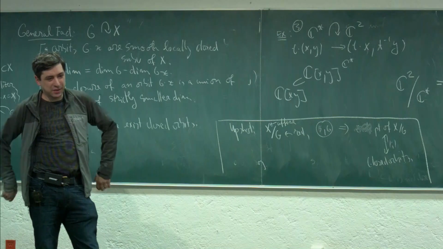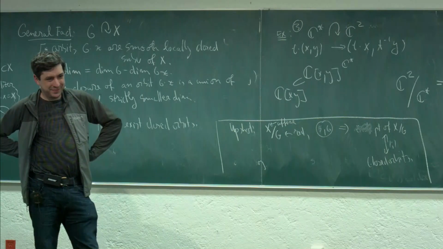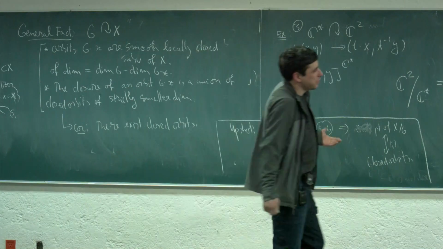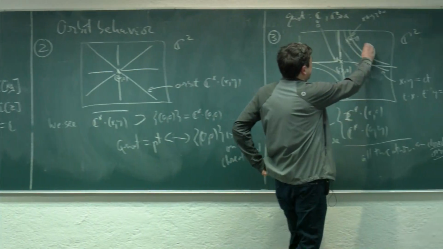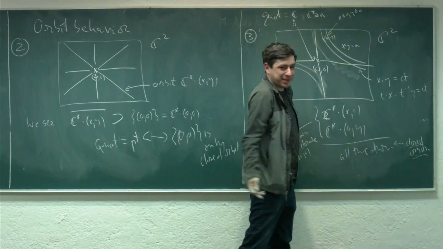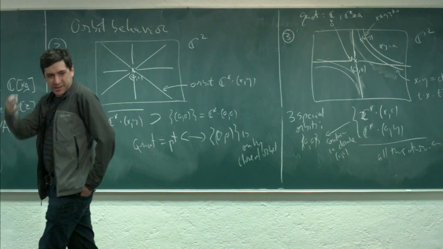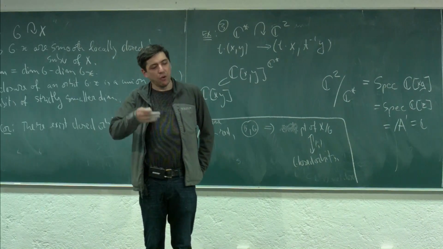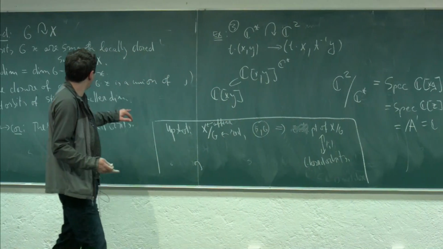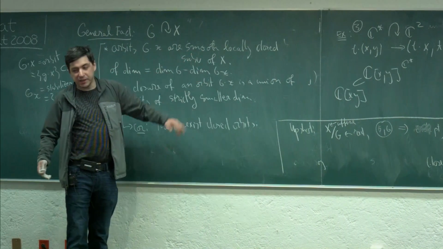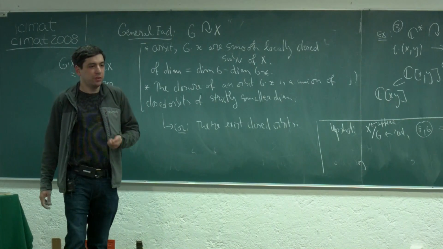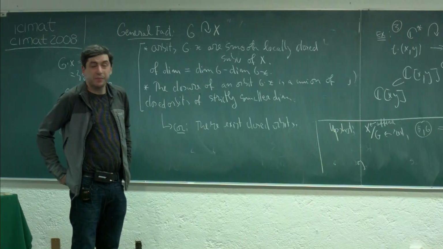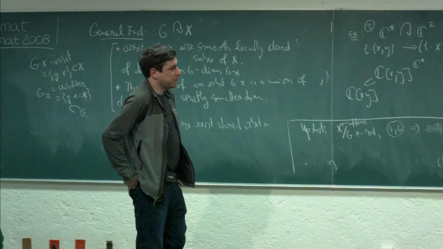The orbit upstairs corresponding to it is x times y equals a. The parabola will go to that, and this is a closed orbit. The orbits are smooth because they are homogeneous varieties. Anyway, I'm already over time, so let me stop here.